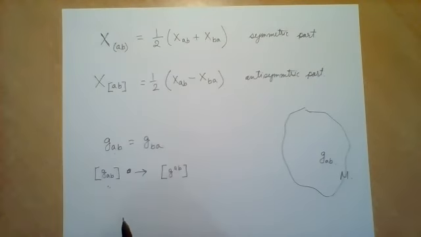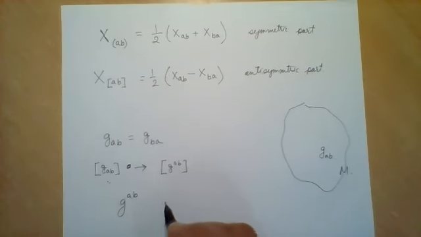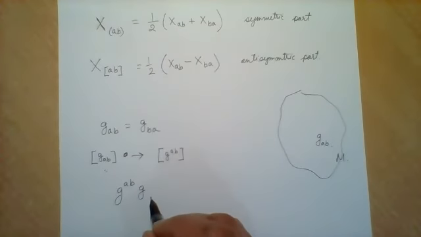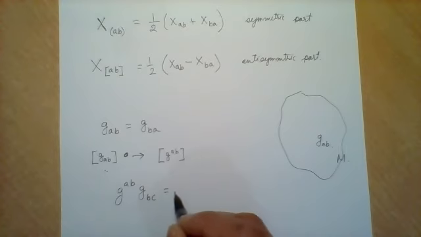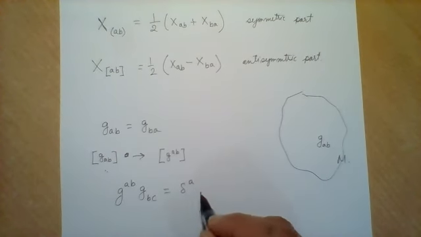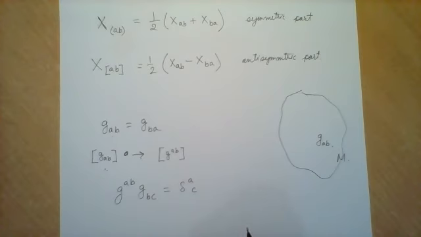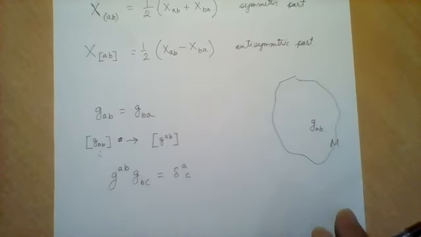The elements satisfy this relation: G^AB G_BC is equal to delta, summing over all possible values of B. The matrix and its inverse satisfy this condition.